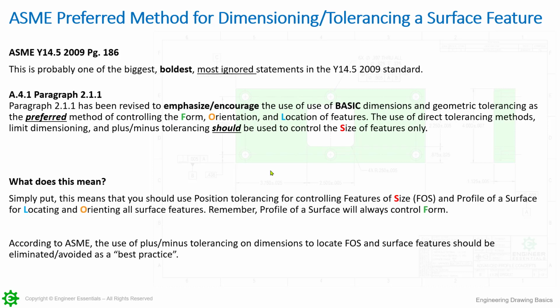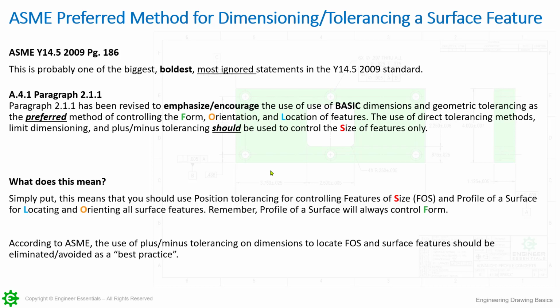Remember that profile of a surface will always control form. In our course, we teach that a profile can control all of SLOF, meaning size, location, orientation, and form. But what they're pointing out here specifically is for these surfaces, use profile of a surface.